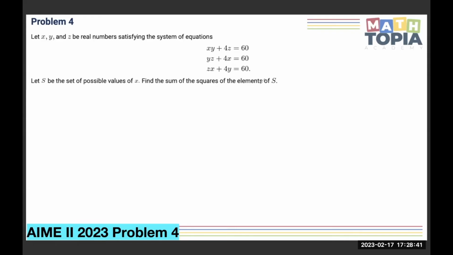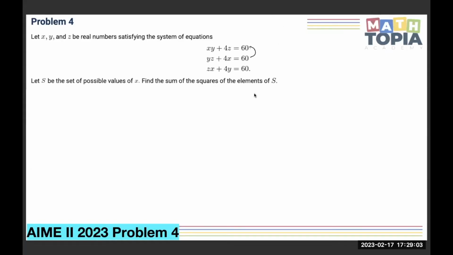So let's take these two equations and think about what they have in common. They have a y and a 4 as coefficients of a z and an x. It's just that the x and the z are swapped. And in both cases, we're getting 60.